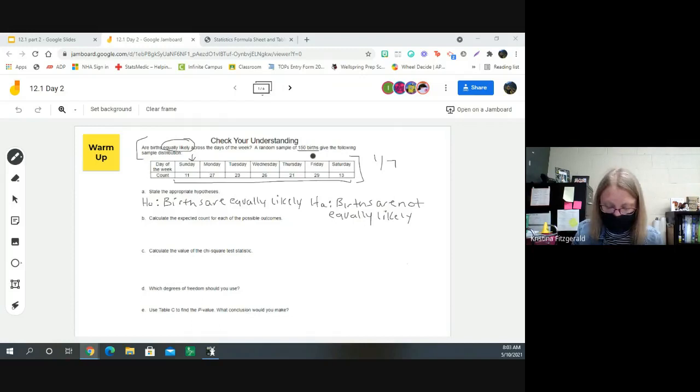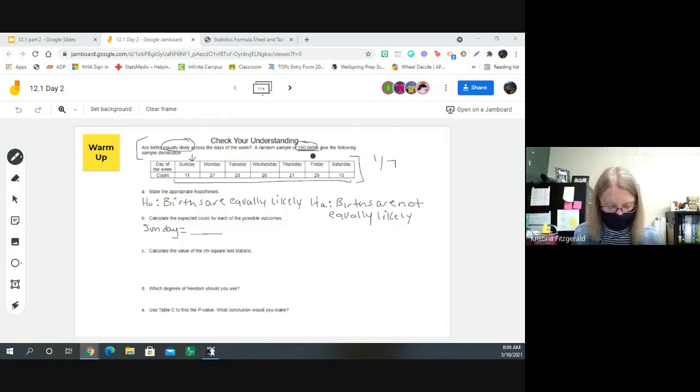So that's 150. If each of the days is equally likely, let's just look at Sunday for example. If there's 150 births and it's an equal chance on each day, what would I do to figure out how many births would have to happen on each day? So there's 150 across 7 days.